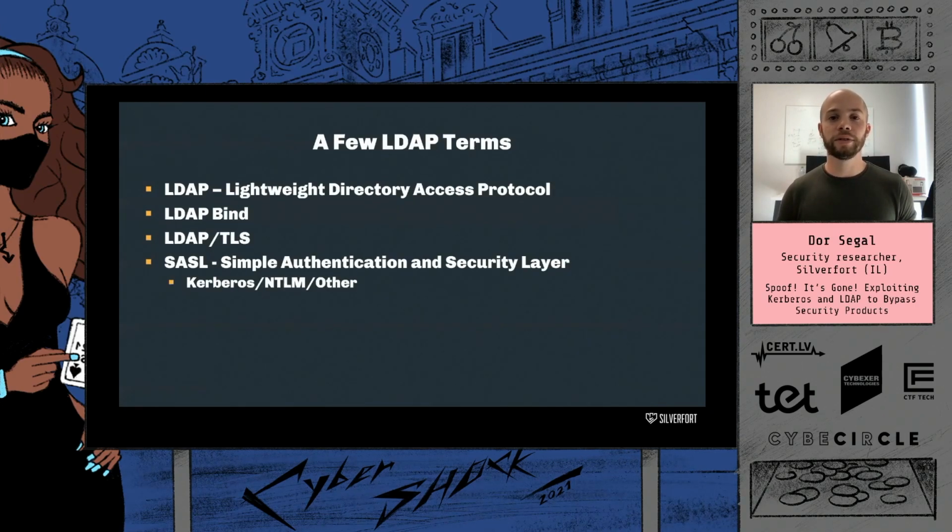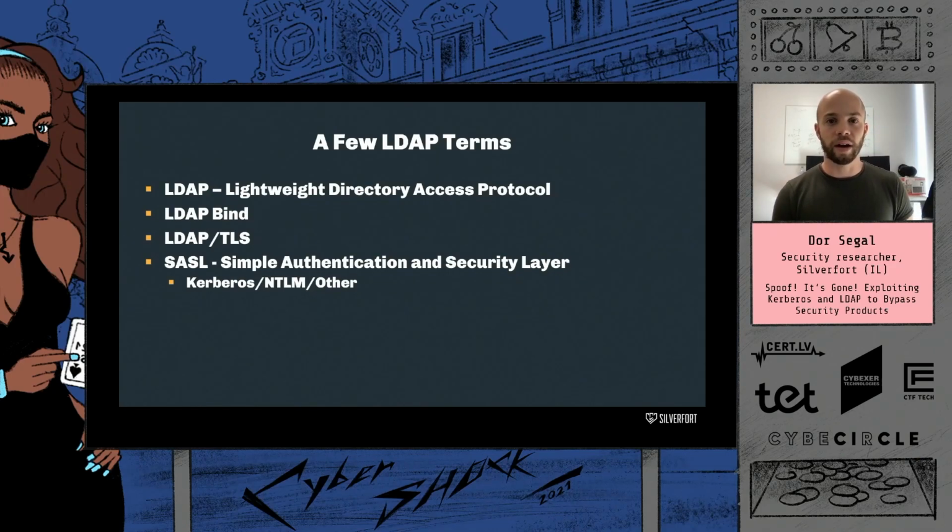Before we continue to discuss this kind of spoofing, let's have a few LDAP terms so we know what we're going to talk about. LDAP is the Lightweight Directory Access Protocol. LDAP is mainly used to query, edit, or add attributes to the Active Directory. The main authentication is LDAP bind.